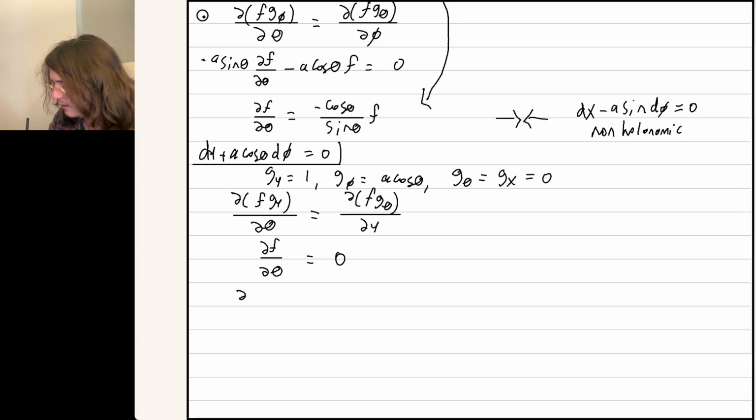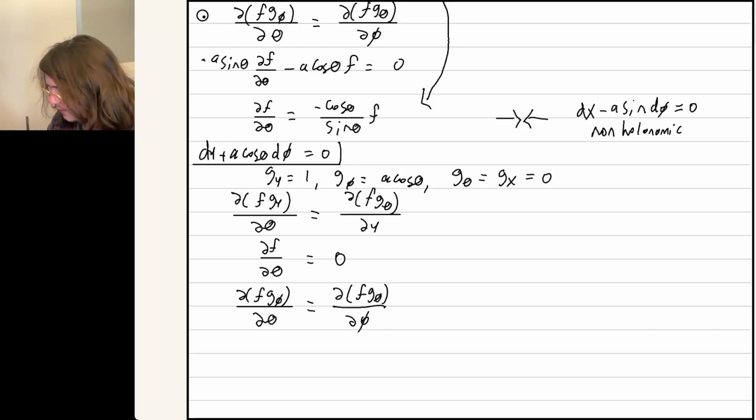But then if you look again at f g phi with respect to theta, and then f g theta with respect to phi, using the chain rule, it's a cosine theta del f del theta minus f a sine theta will be equal to 0.